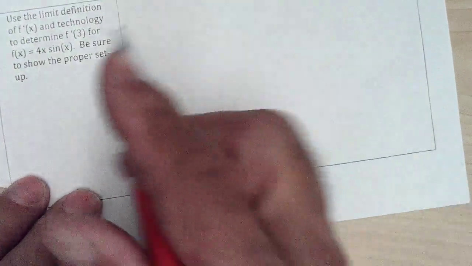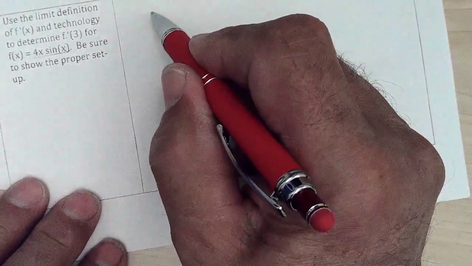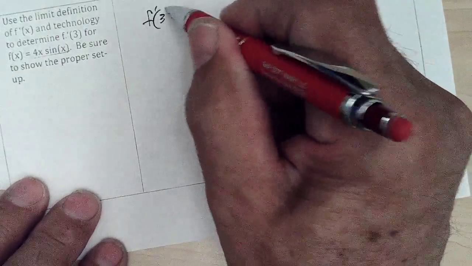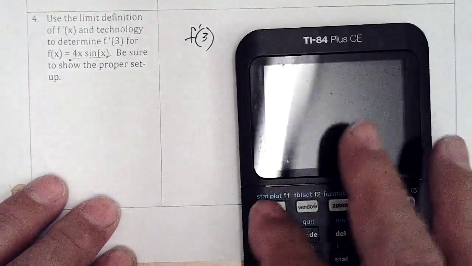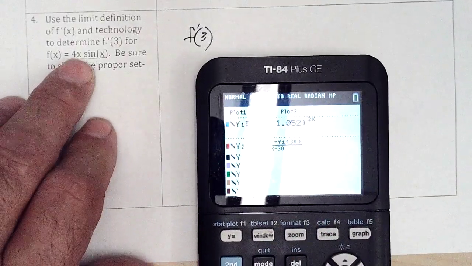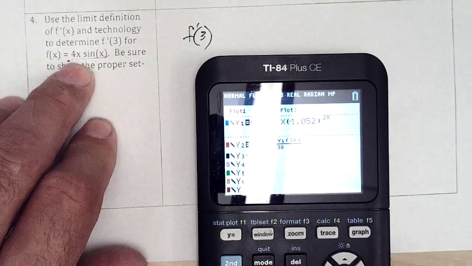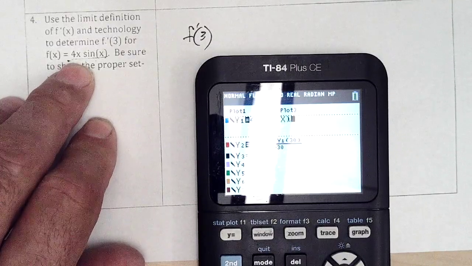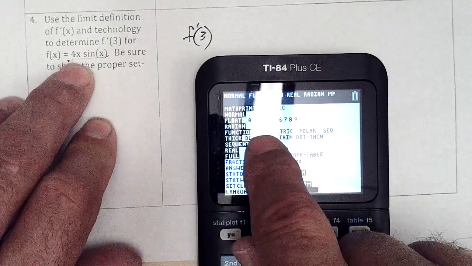Use the limit definition and technology to find f prime at 3 of this function. So I'm going to go to my calculator, go to the y equals, and change it from that one to 4x sine x, clear all this, 4x sine x, and I need to make sure that I'm in radians.